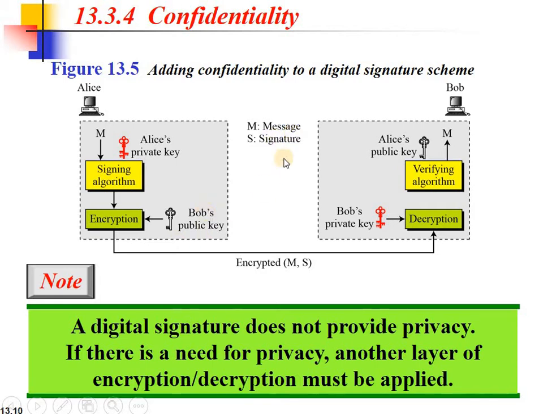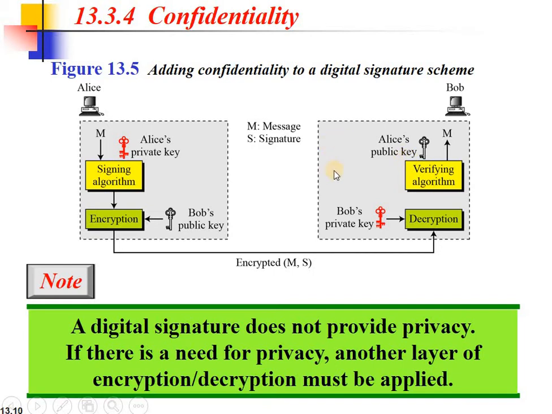Now the two things, message and signature, have to be transmitted, but these values have to be encrypted in one block, because on the sender side you have to do encryption using Bob's public key. When these two things are received by the receiver, first you perform the decryption using Bob's private key, and then you verify the algorithm using the sender's public key.